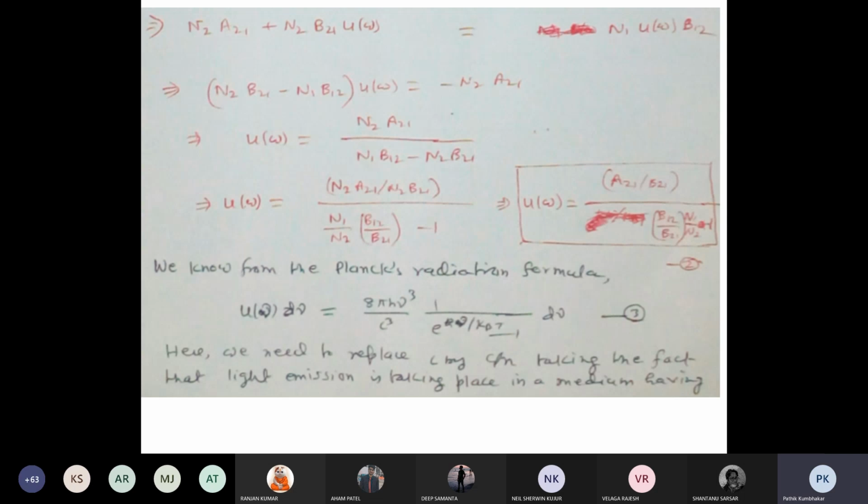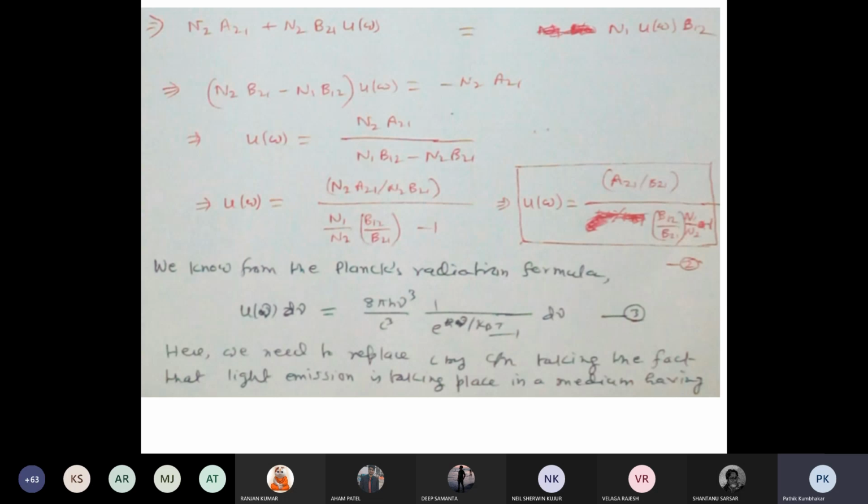radiation in vacuum, where the speed of the electromagnetic radiation is c. But in the case of the laser, the laser emissions take place within a material medium, so it will have a refractive index other than 1. So c, the speed of light, has to be replaced by c by n, where n is the refractive index of the material.